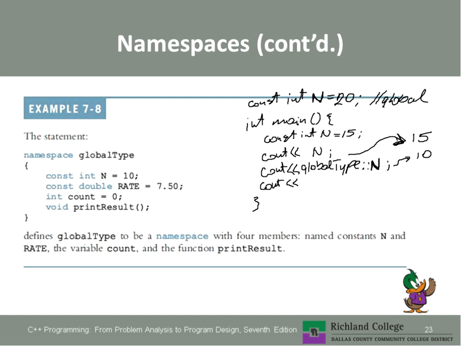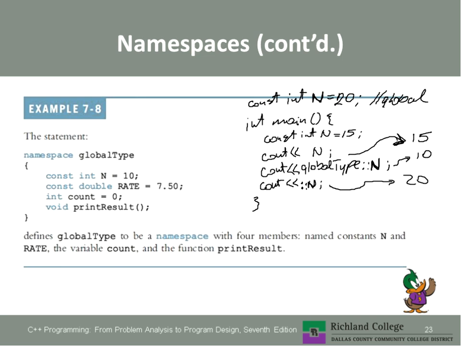If you do cout, what we can do is just the colon colon that has no namespace in front of it, and then we print out n, then we're going to print out 20.